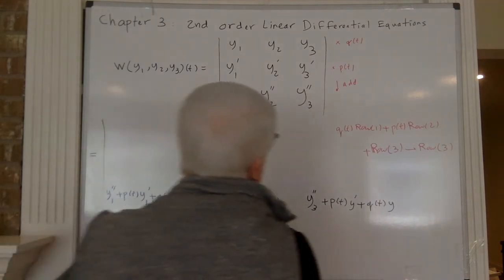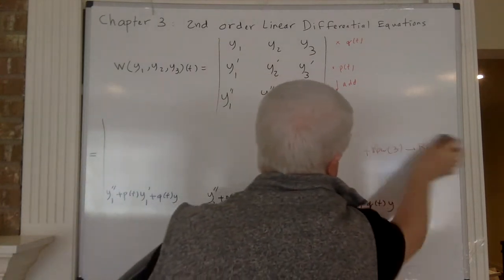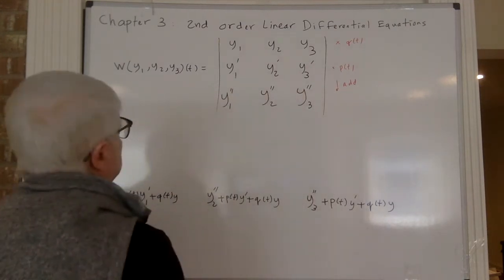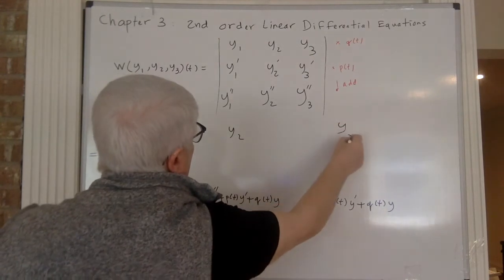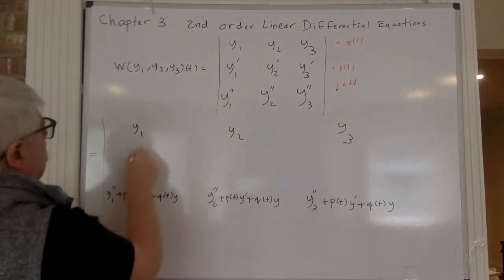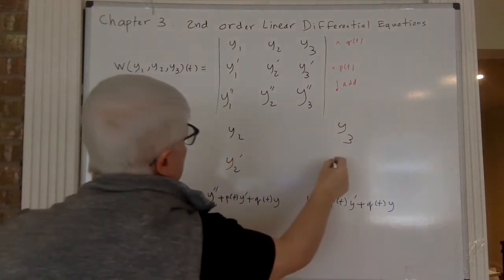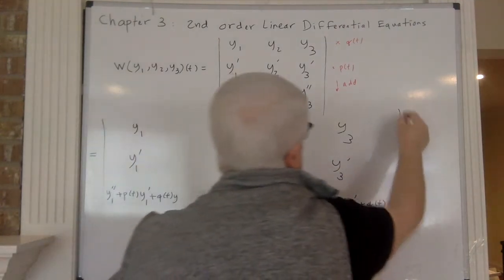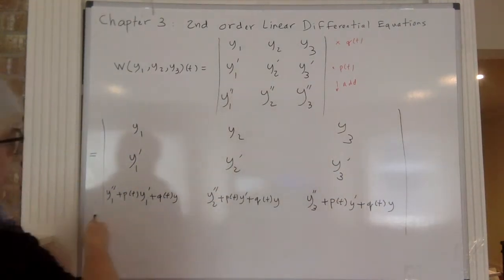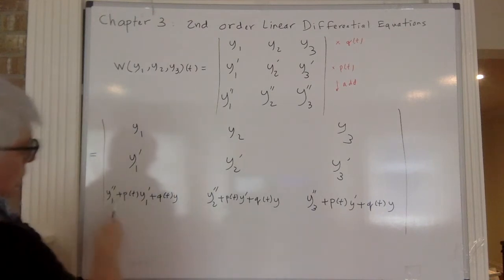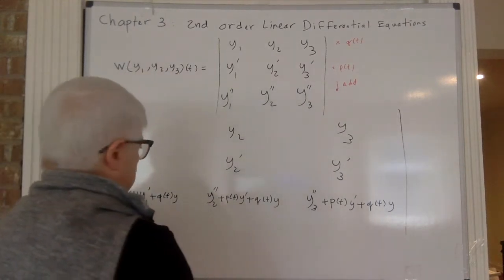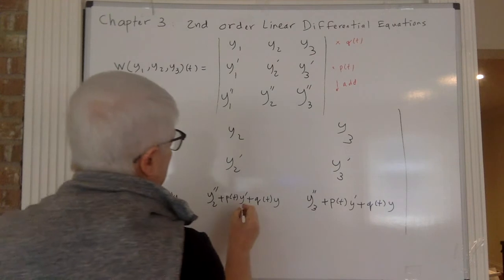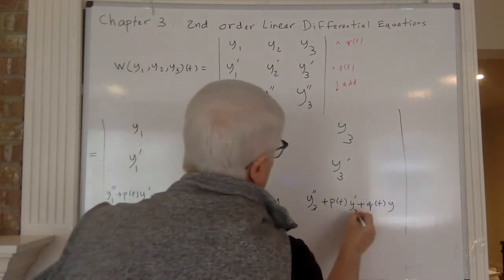And the rest of them stay the same. So this is y1, y2, y3, y1 prime, y2 prime, y3 prime. Okay. Well, these three are 0. y1, y2, y3 satisfy the equation. I forgot the 3 here, and the 2, so there's a 2 here, 2 here, and a 3 here.